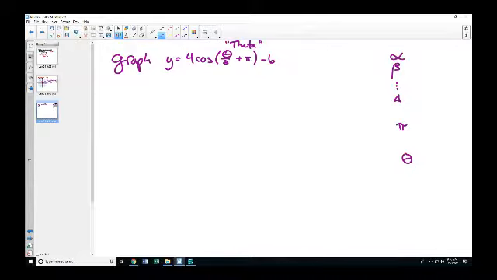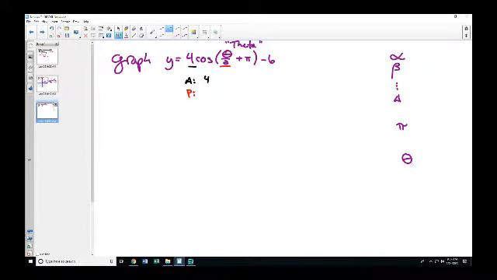Okay, what is the amplitude? 4. Okay. These are all in different colors for you. Period. That's theta over 2. Okay, what is the number attached to theta? 1 over 2.